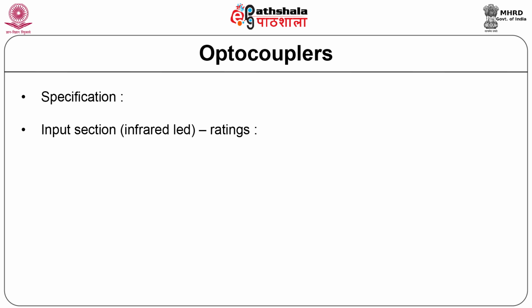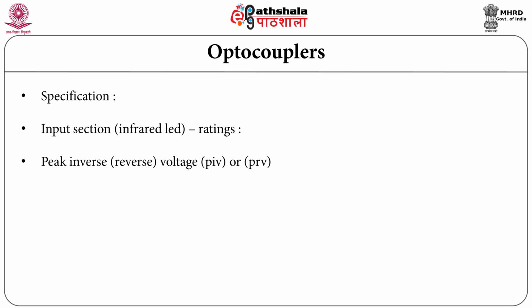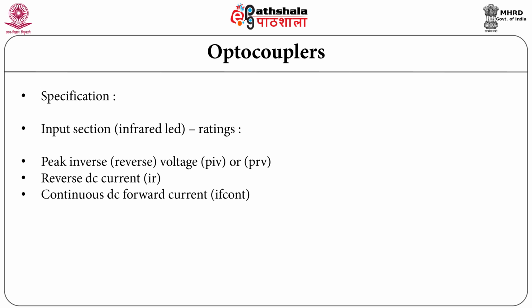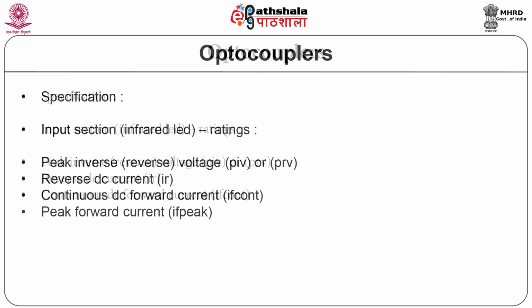Then input section ratings, that is about the infrared LED: peak inverse or reverse voltage, that is called PIV, reverse DC current, continuous DC forward current, peak forward current, DC power dissipation, etc. are some specifications related to the input section.